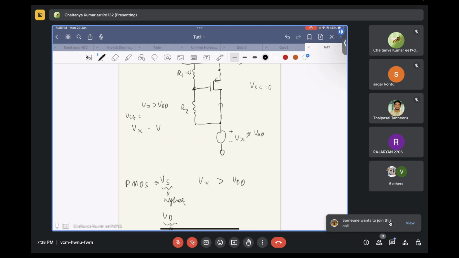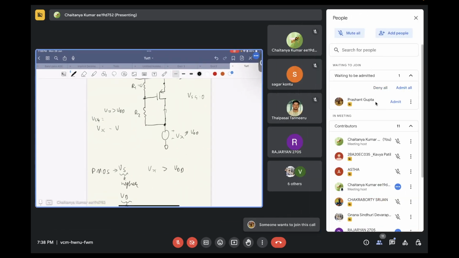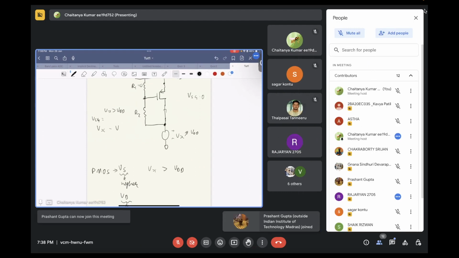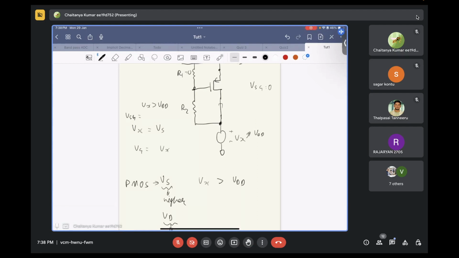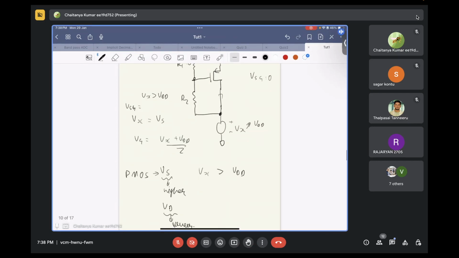Then in that scenario, Vx will be the source voltage, and your gate voltage will be Vx plus VDD by 2. So your source gate voltage will be Vx minus (Vx plus VDD by 2), that is equal to Vx minus VDD by 2.